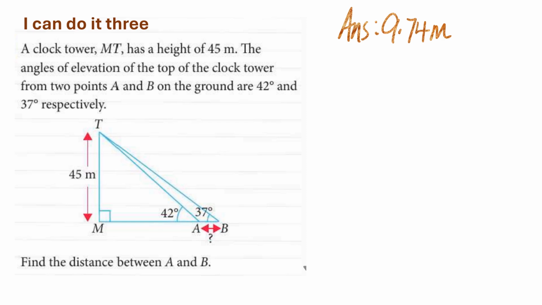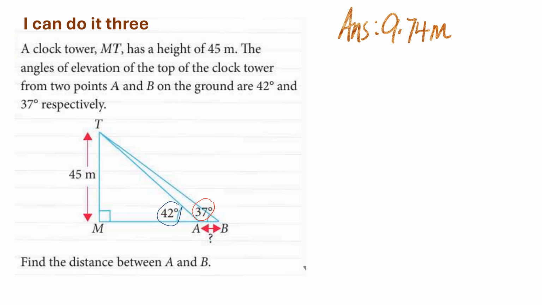When you're further away from the tower, you don't have to look up that much. That's why the angle of elevation is 37 when you're further away, and the angle of elevation is bigger when you're nearer.